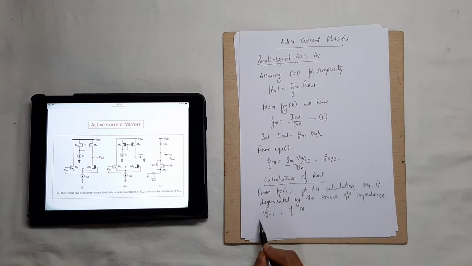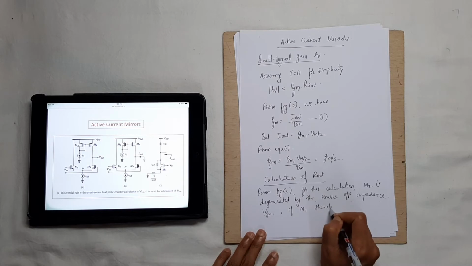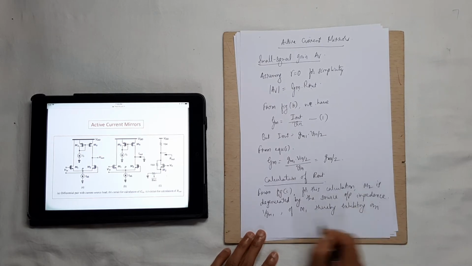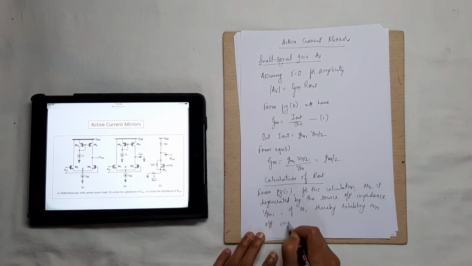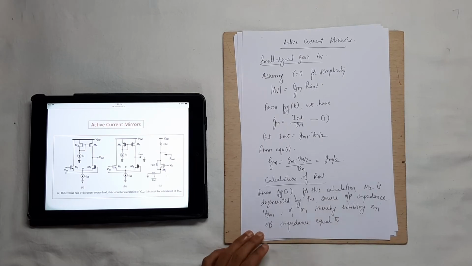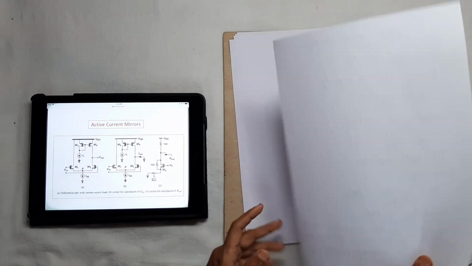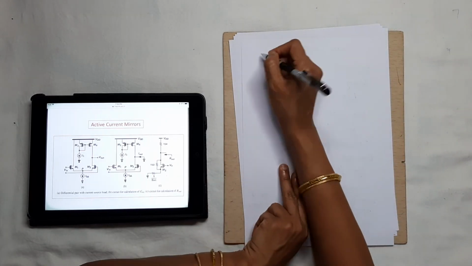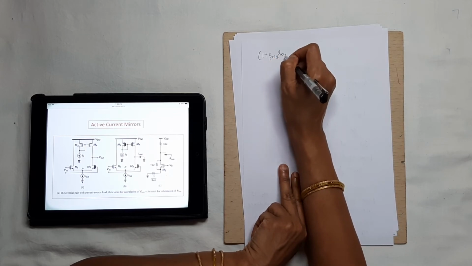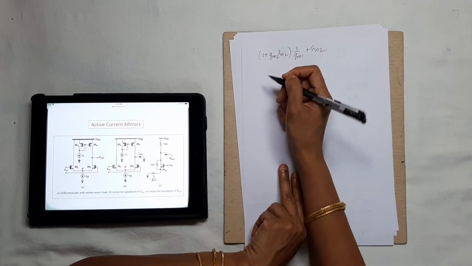See, the source output impedance 1 upon Gm1 of M1, thereby exhibiting an output impedance equal to, so let us write that output impedance, 1 plus GM2 RO2 into 1 upon GM1 plus RO2.